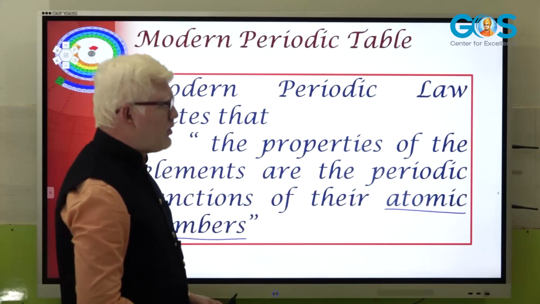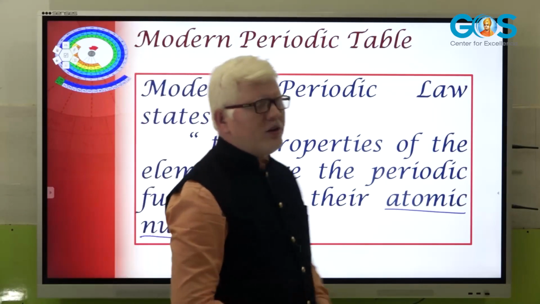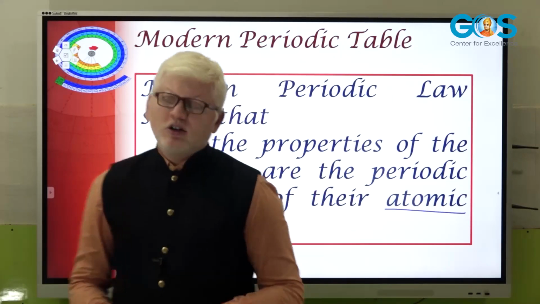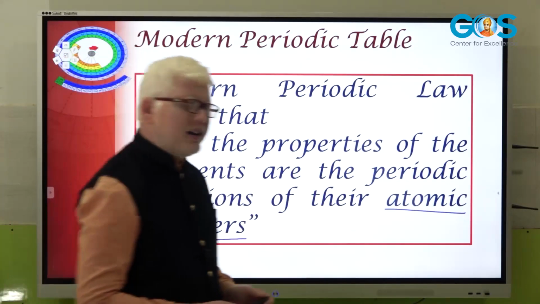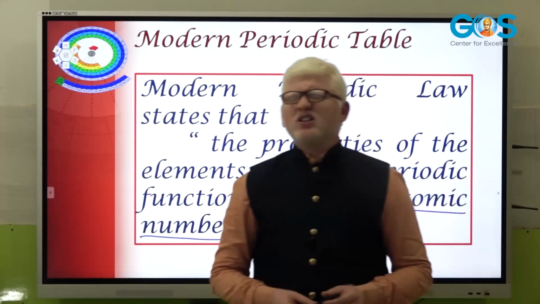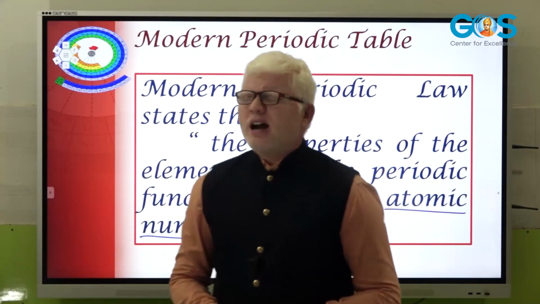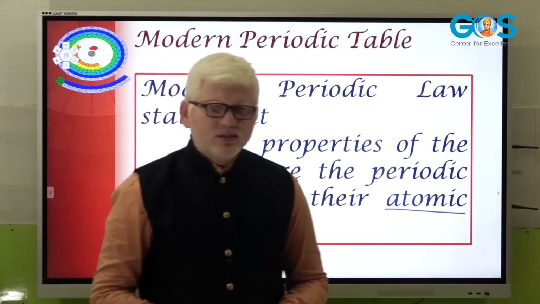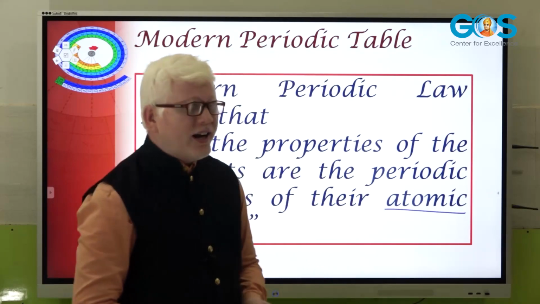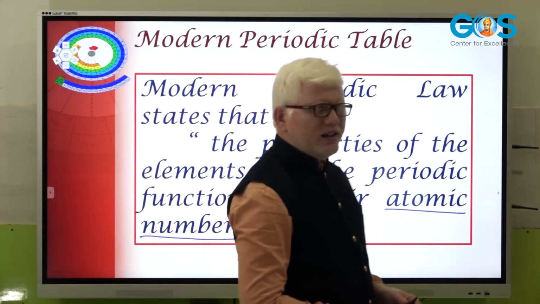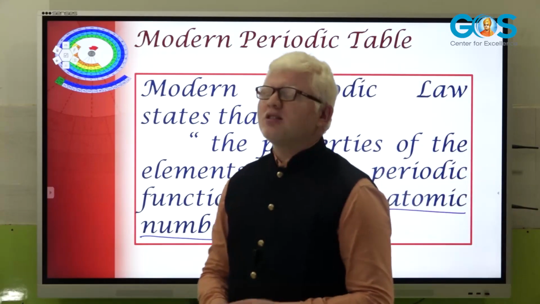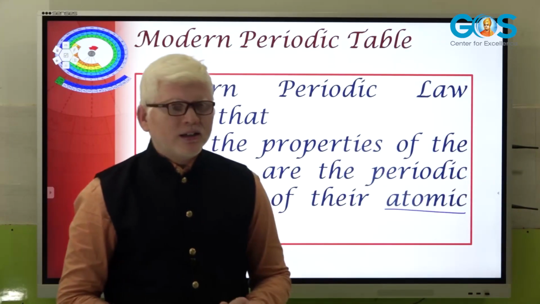If you compare the modern periodic table with the earlier classifications like Dobereiner's, Newlands' and Mendeleev's classifications, all of them were based on atomic weights, right? All the classifications are based on atomic weights. But the modern periodic table classification is based on atomic number.